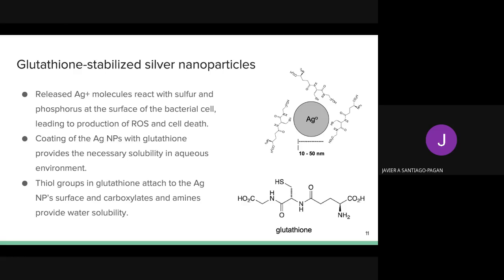They mentioned that the nanoparticles in the zero state release silver +1 ions, and those are redox active, and those are the molecules that produce the ROS. So are the particles actually then decomposing?